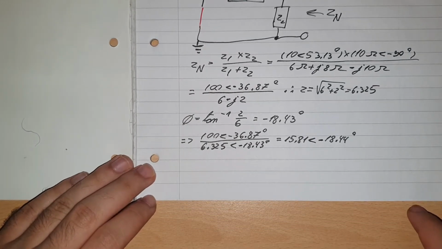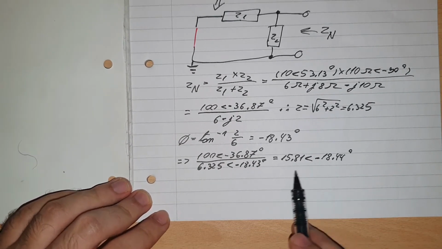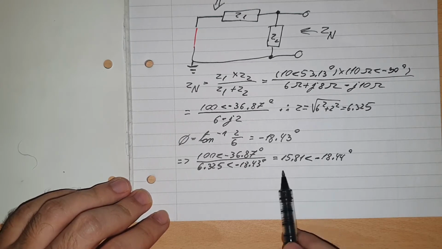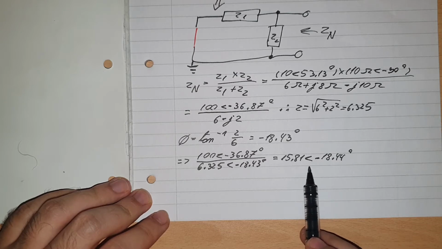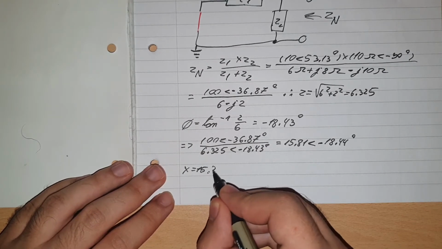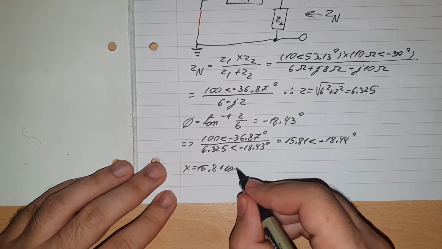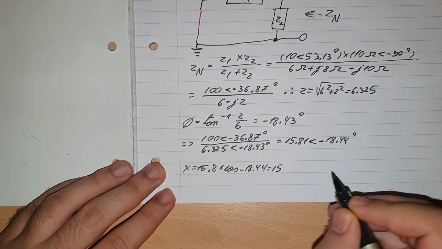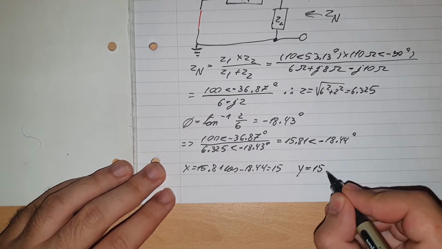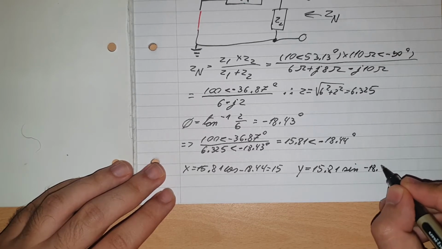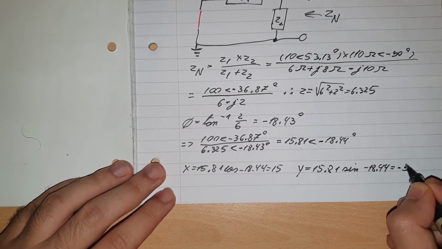Now the next step is that we need to convert this from polar form to rectangular form, because this will become a capacitor and a resistor. So x is equal to 15.81 cos of minus 18.44, which equals 15, and y is equal to 15.81 sin of minus 18.44, which equals minus 5.